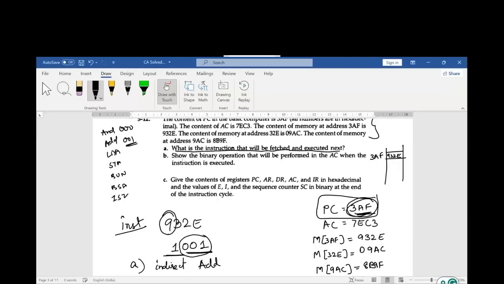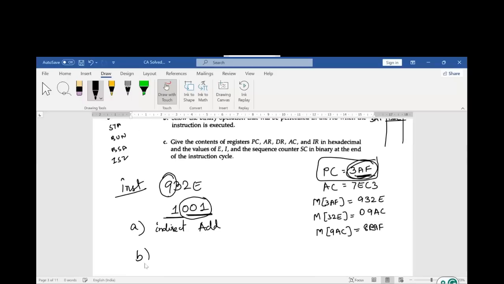Now what is said? Show the binary operation that will be performed in AC when the instruction is executed. Whenever I want to perform an add instruction, the operands are the content of AC and the memory word, which is transferred to DR. As it is an indirect address, first of all we need to find the operand.